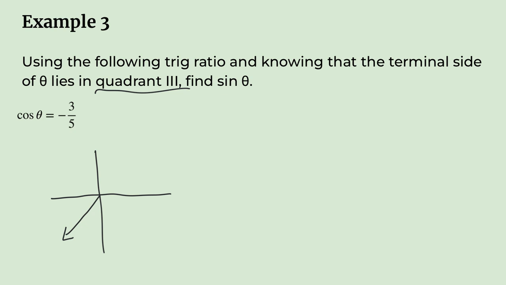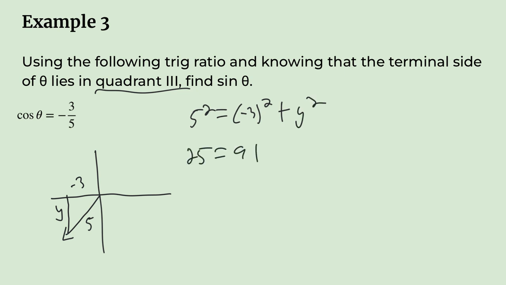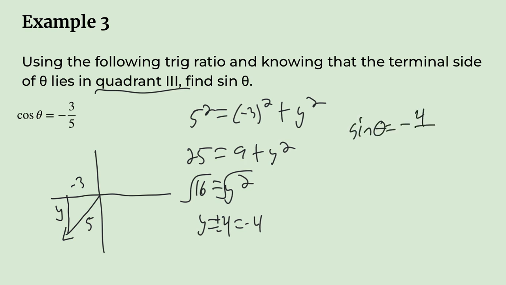So that means we would have negative 3 and 5, and we're missing our y. So we do 5 squared equals negative 3 squared plus y squared. 25 equals 9 plus y squared. 16 equals y squared. So y equals 4. Well, plus or minus 4, since you take the square root of both sides. And we see since it's going down, we only want the negative 4. So sine of theta is negative 4/5.